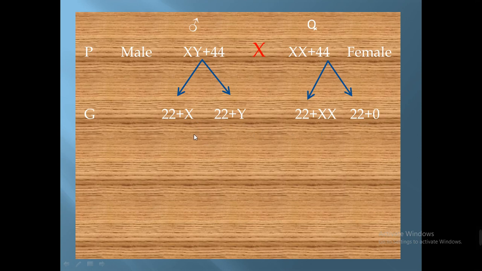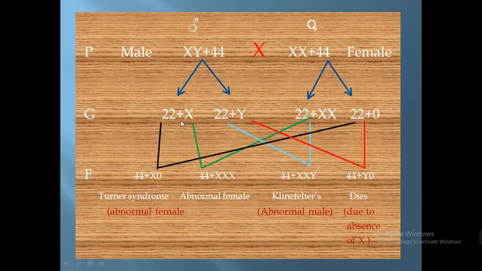Here we will study some cases of abnormal genetic structures resulting from what? From fertilization between abnormal gametes with each other. Here is the result of fertilization between these gametes. 22 plus X, this type of sperm, if it makes a fertilization with 22 plus 0, there is no X chromosome here.